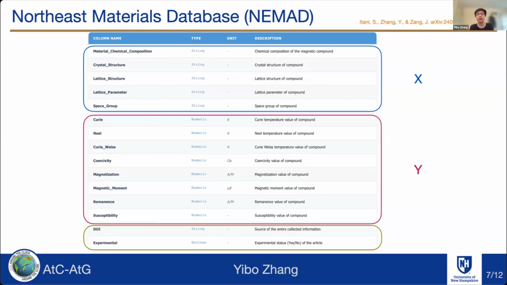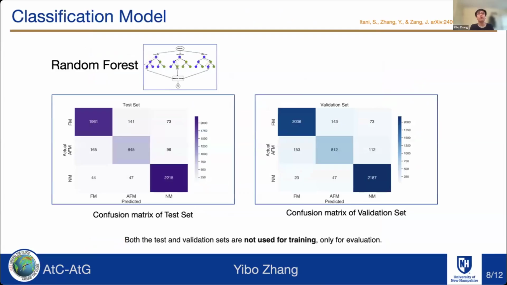And we have the database. And the next step is to build a model so that we can map the material information to the magnetic property. Then let's talk about the model. The first model we built is a classification model. We use random forest, and this is the result to validate the precision. And we use 2 different datasets.